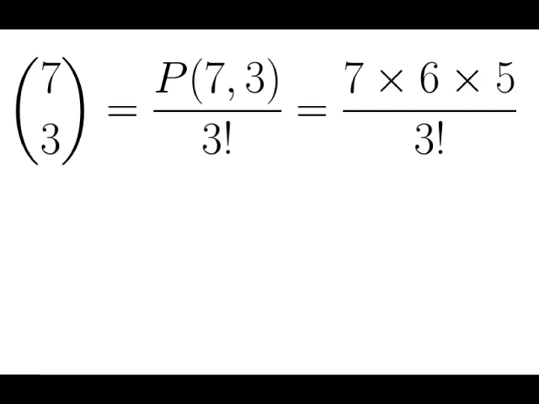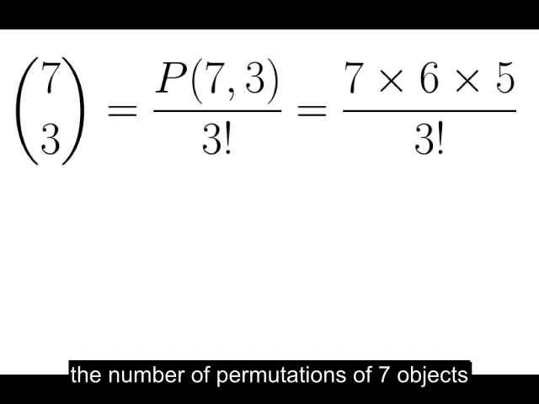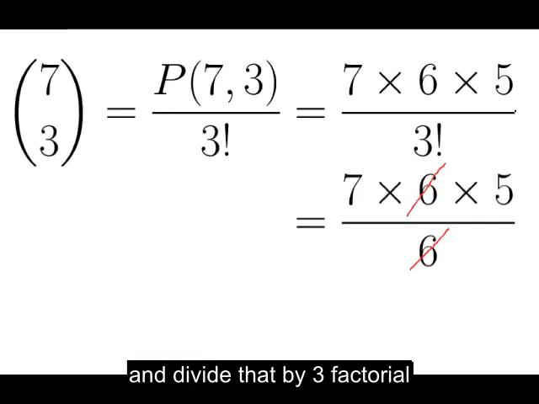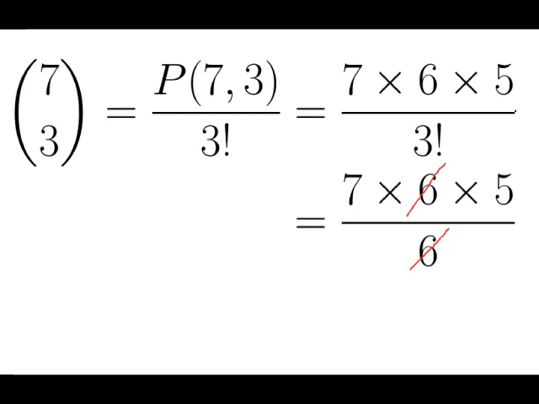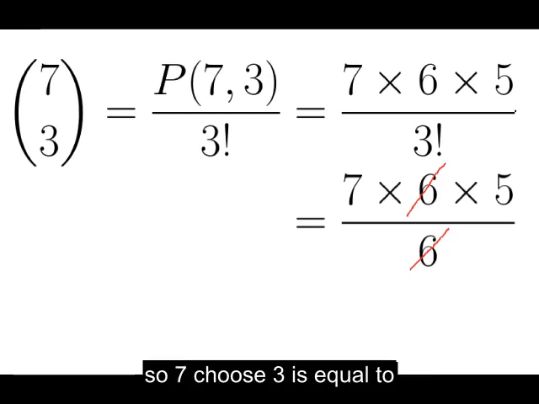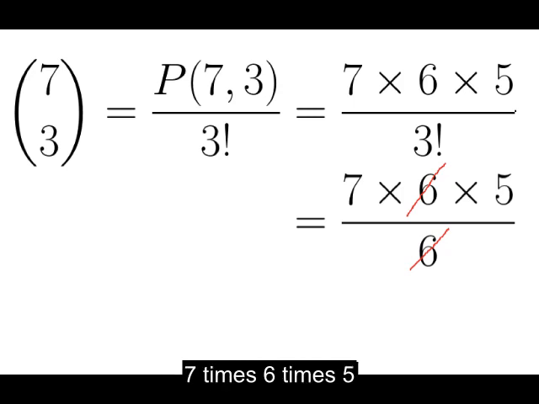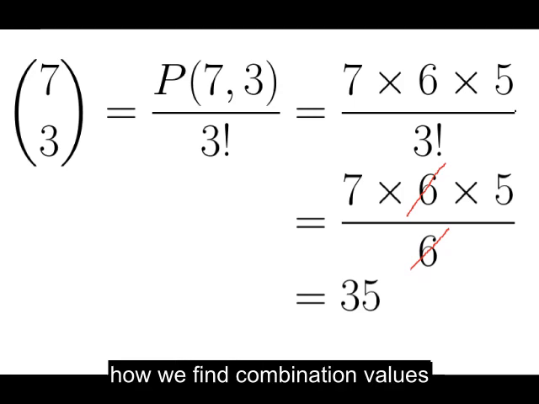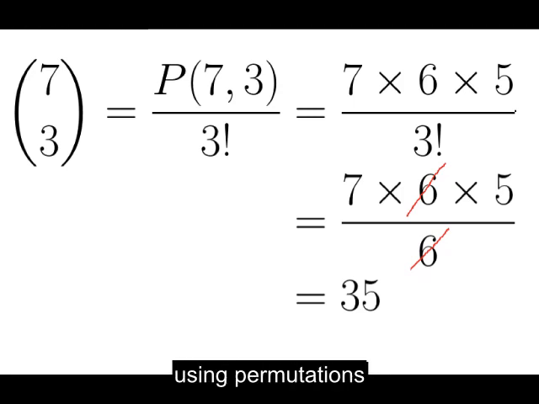So the number of permutations of 7 objects taken 3 at a time is 7 times 6 times 5, and divide by 3 factorial. So 7 choose 3 is equal to 7 times 6 times 5 over 6, which is equal to 35. So that's how we find combination values using permutations.